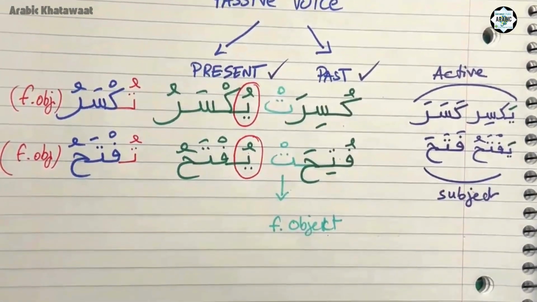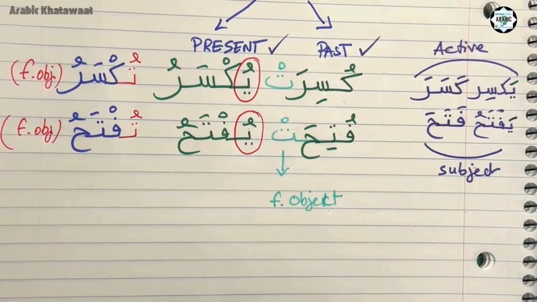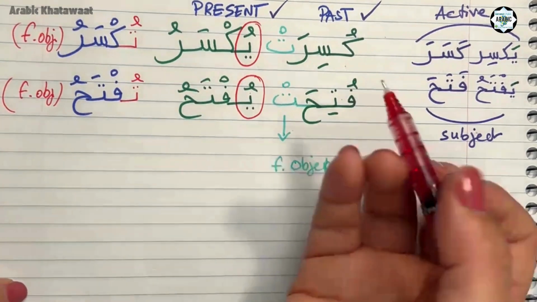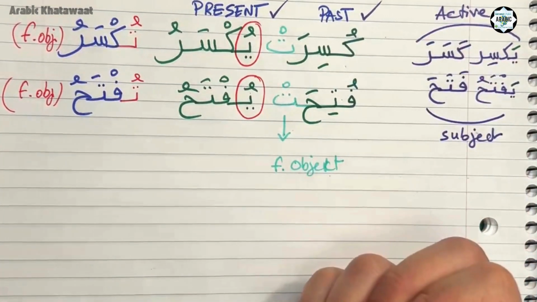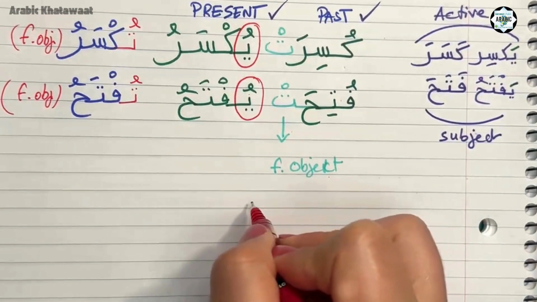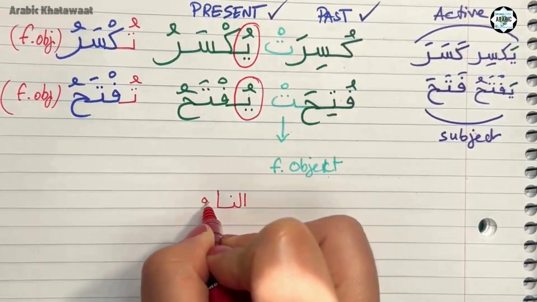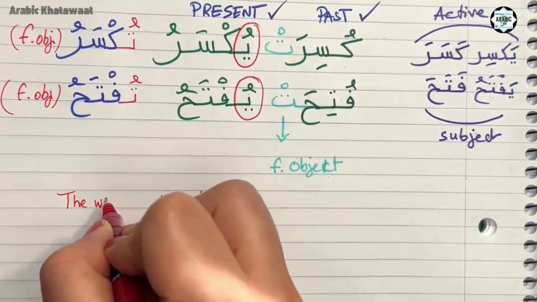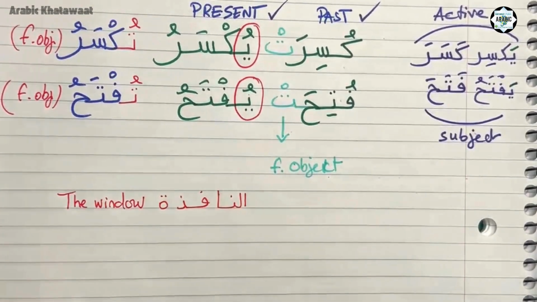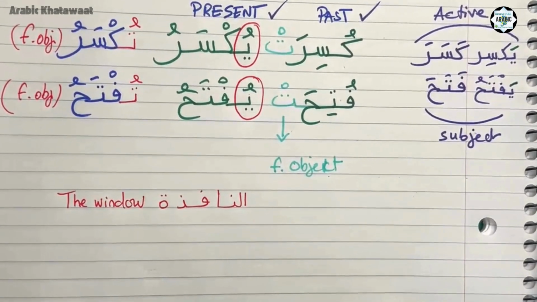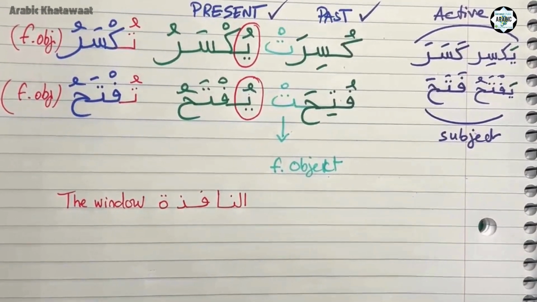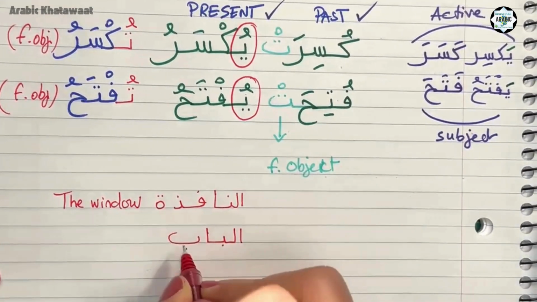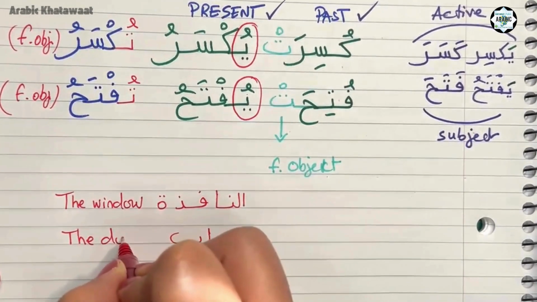So let me give you some examples. I will be using futiha, and I need a feminine noun, so I would use النافذة. النافذة is the window. Then I will use الباب, the door.